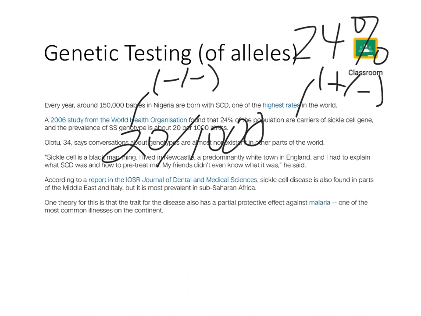The probability that you pick at random two carriers, and then the probability that one of them passes the sickle cell gene into their gamete, and the probability that the other one passes the sickle cell gene into their gamete, sperm, egg. So 0.0576 times 0.5 times 0.5.